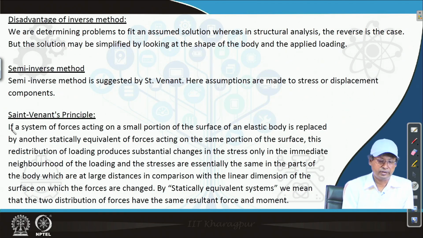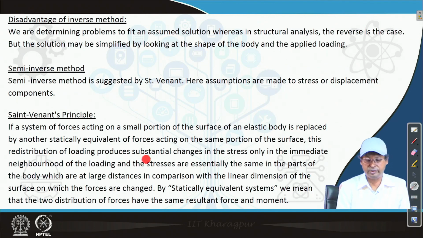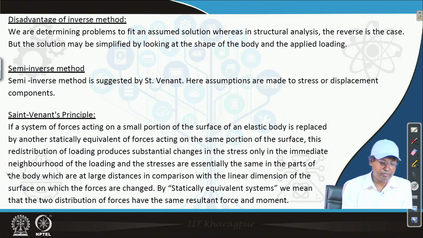Simplification always sacrifices something. Anyway, if a system of forces acting on a small portion of a surface of an elastic body is replaced by another statically equivalent system of forces acting on the same portion of the surface, this redistribution of loading produces substantial changes in the stress only in the intimate neighborhood.